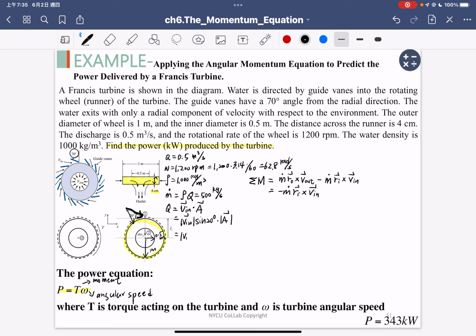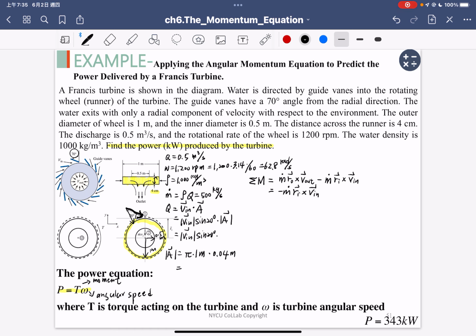We don't know the V in magnitude, and we have sine 20 degree, and the cross-section area is pi times the diameter of the outer circle, which is 1 meter, multiplied by 0.04 meter.